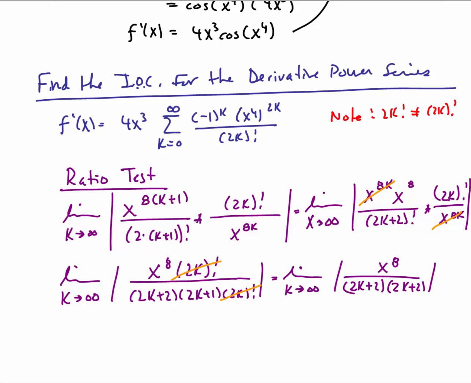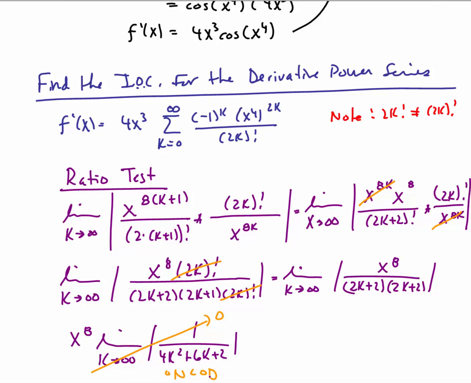Now as k approaches infinity, I can look at this, and x to the 8th is not changing, k is changing, so I could pull the x to the 8th out front, and then I'm left with the limit then as k approaches infinity. And if I want to FOIL this out, I can. You don't have to, but I'd have 4k squared plus 6k plus 2. I can see that this is going towards 0 because the degree in the numerator is less than the degree in the denominator. You always have to provide the reason there. So x to the 8th times 0 is just 0.